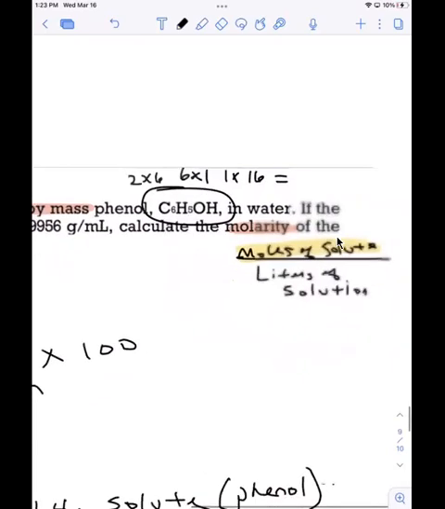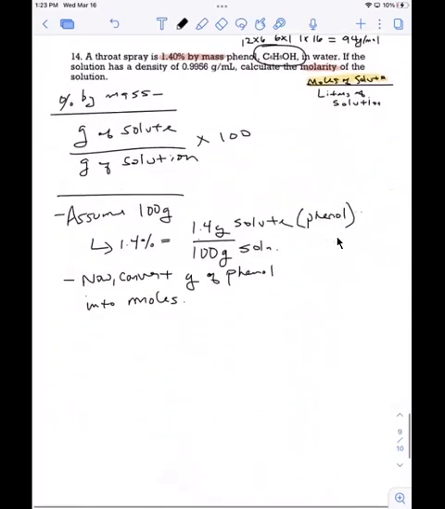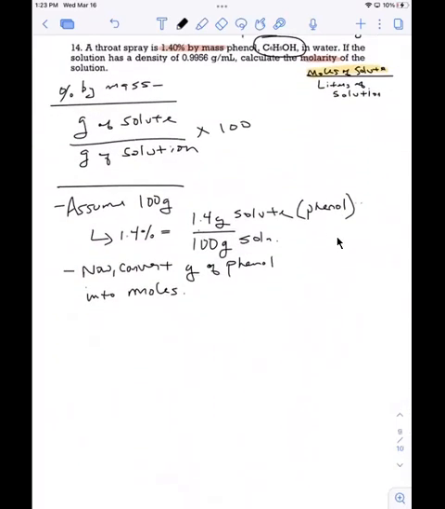So now we're in the clear. We got everything we need to solve this problem. We have the grams of solute. That's going to be 1.4 grams divided by 94 grams per mole.